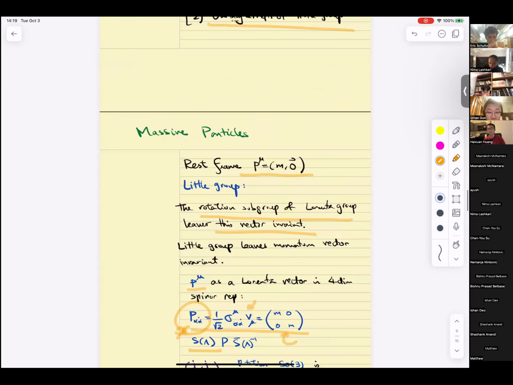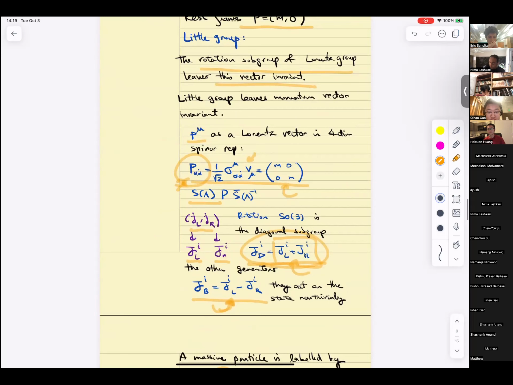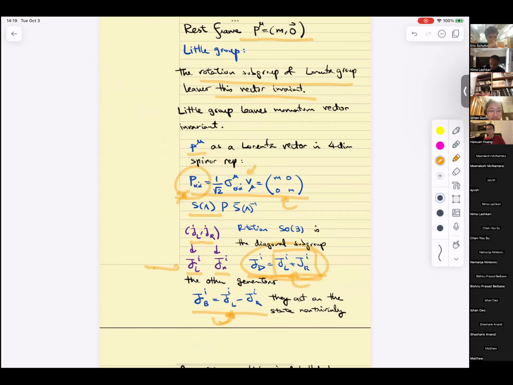So when I wrote this down, this includes both regular and projective representation, because J left and J right could independently run from 0, half, 1, 3 halves, and so forth. So any representation that has a half integer, either left or right, has a spinor component, it's projective.